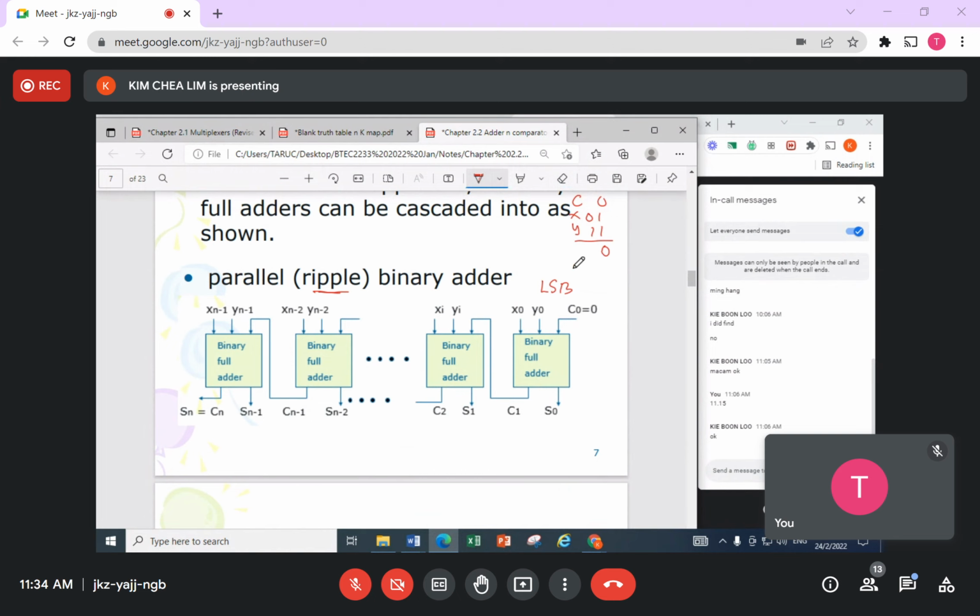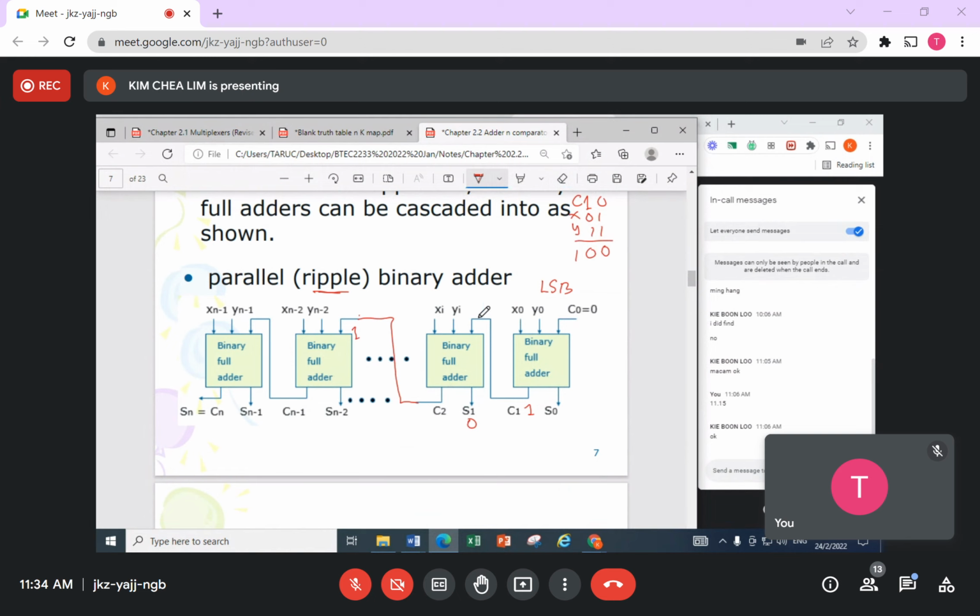Then I say, oh, the output here is a 1 now, so this one will come in here. Then I add up some more. I got a 0 for this one. C2 again is a 1. So C2 continues to here. Then I tell you, oh, C2 now is a 1. So they add up this way.